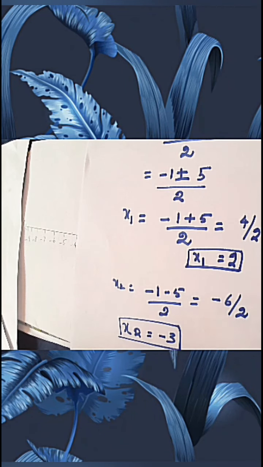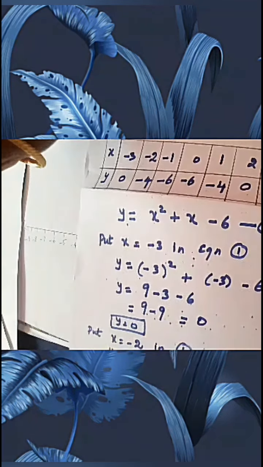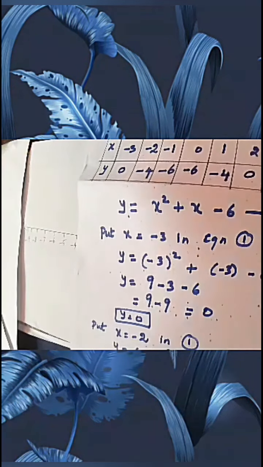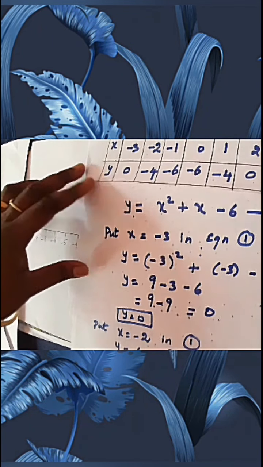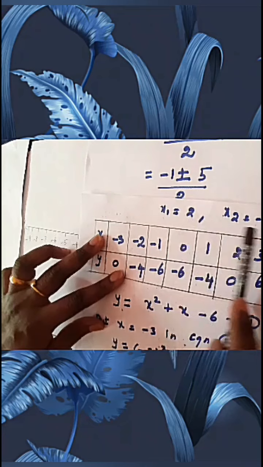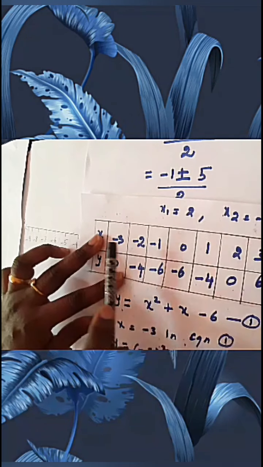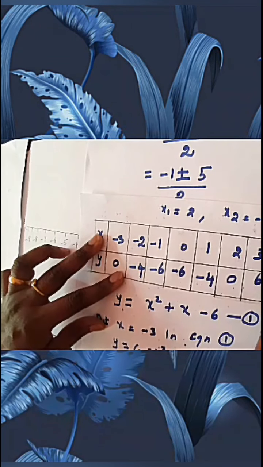Correct? And then what we did, we are supposed to make a tabular column. Yeah, we have to make a tabular column. This is the given equation, and since the root lies between 2 and negative 3, we have taken from minus 3 to 4.